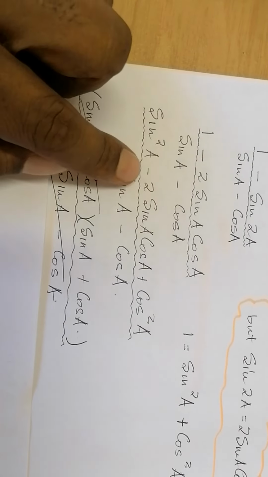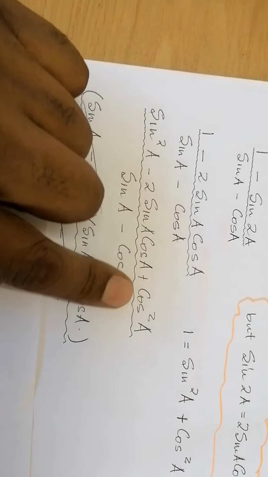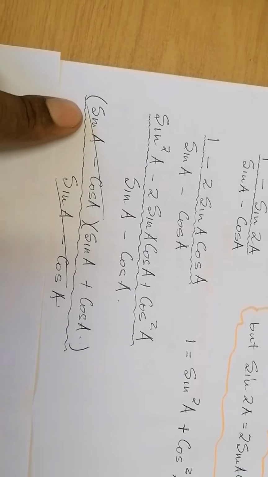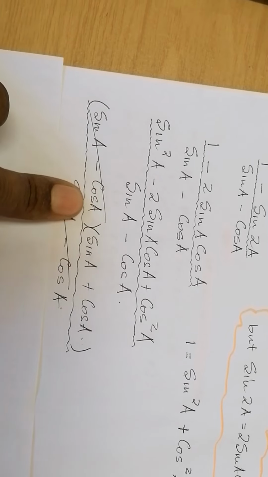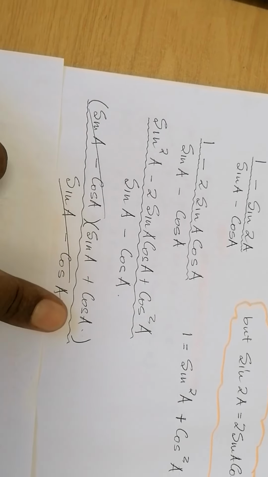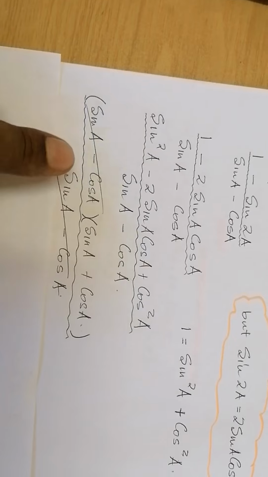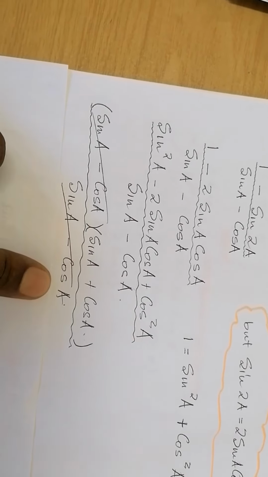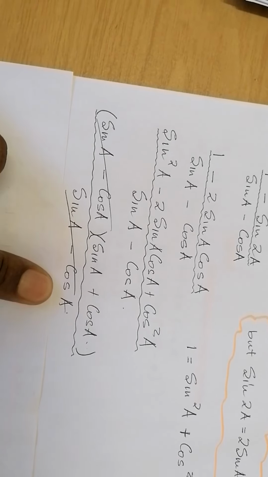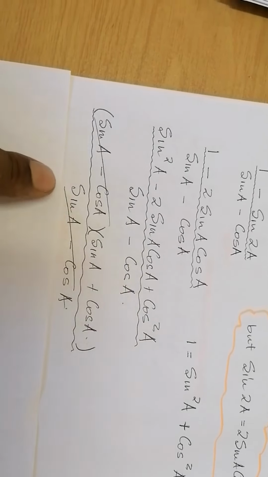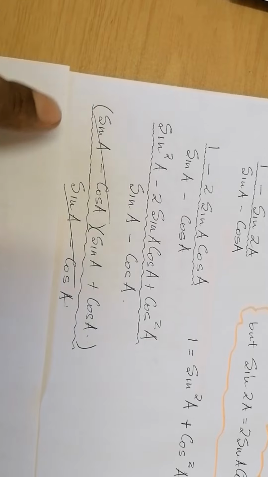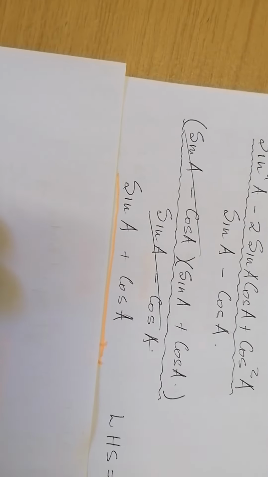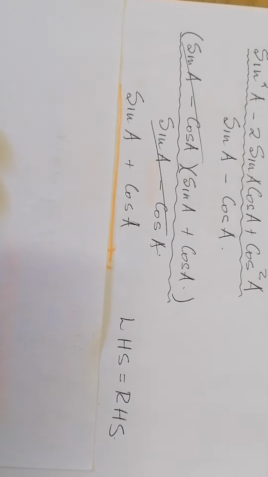Sine squared a minus 2 sine a cos a plus cos squared a has factors (sine a minus cos a)(sine a minus cos a). Now, if sine a minus cos a is not equal to 0, therefore, I divide. I am now left with sine a plus cos a.